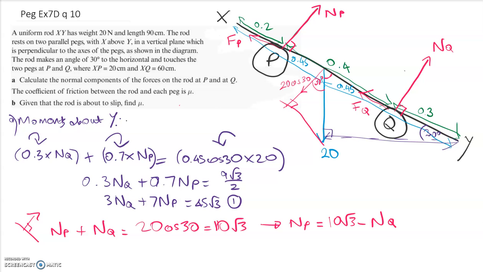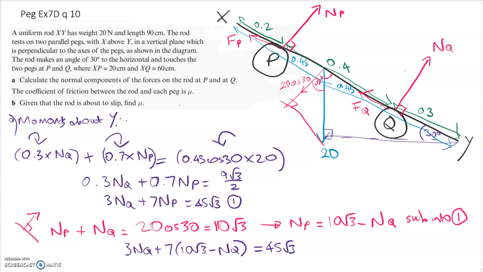And the reason I've done that is because I want to sub into 1 and solve. So my equation 1 will now look like this: 3NQ plus 7 times (10 root 3 minus NQ) equals 45 root 3.